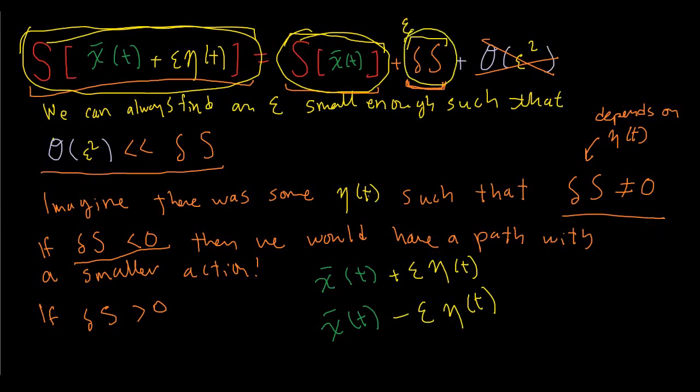But it doesn't matter whether delta S is less than 0 or bigger than 0, because either way, we can still find a path with a smaller action. That's why we require that this term has to be 0 in order for this to truly be the path that minimizes the action. All right?